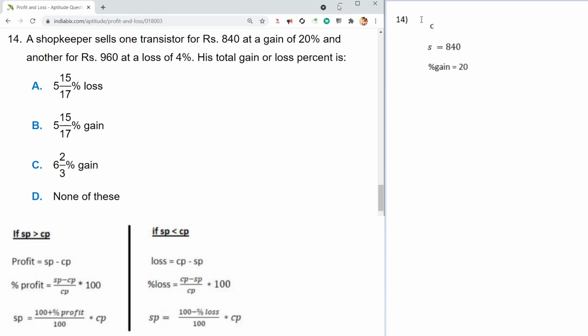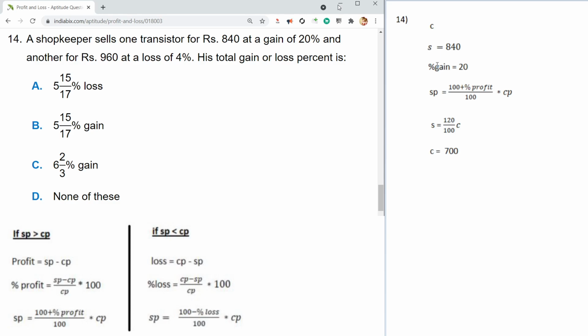When the selling price and percentage gain are given, selling price is equal to (100 plus percentage gain) by 100 into cost price. If you substitute the selling price 840 and the percentage gain, we get the cost price as 700.